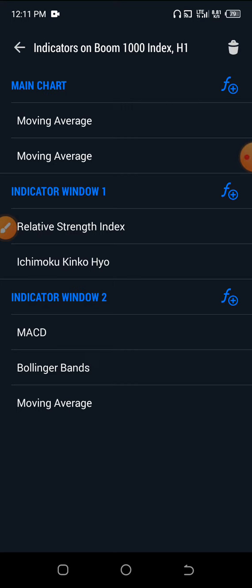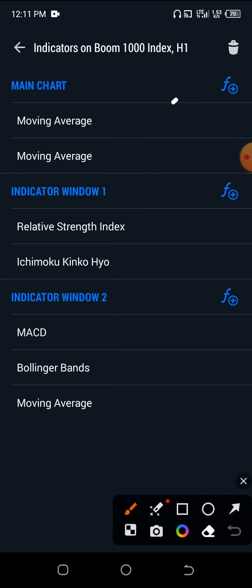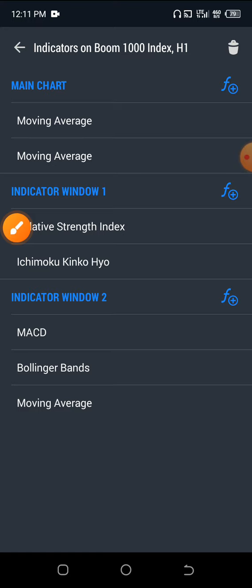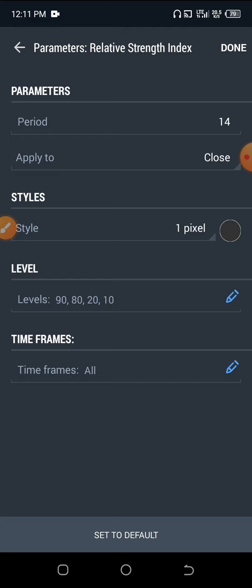All right, we'll now add the indicator window 1. If you're new and you still want to add those things, please go to the same place where you have been adding indicators, which is what we have in this very place. Just add it there. Then from there, you touch this one, then add Relative Strength Index, which is RSI. Add it like this.